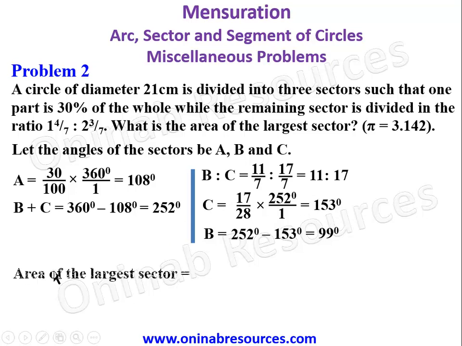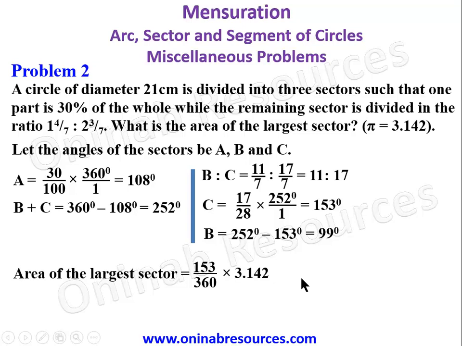So we say the area of the largest sector now, which is what is required in problem 2, is theta over 360. That's 153 over 360 times pi, which is 3.142, then times r squared. Our r here will be 21 over 2.